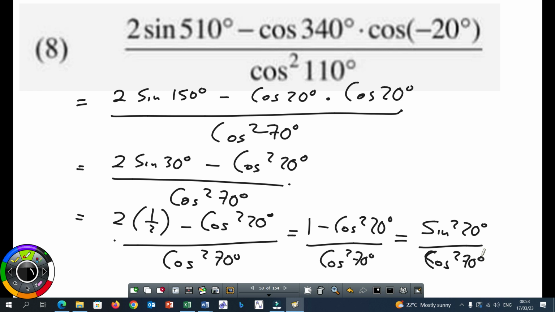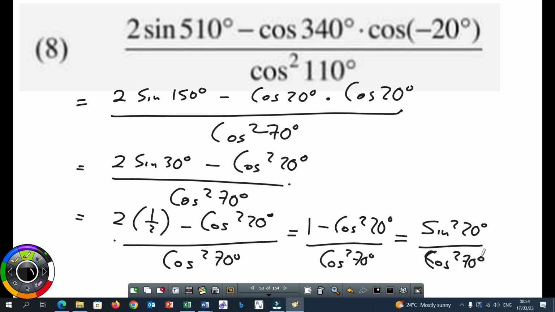Sine 30 is a half. So this sine 30 will give you a half. What is a half times 2? 1. Then you get 1 minus cos squared 20 degrees. Then you apply the fundamental identity. Convert cos to what? To sine. You get sine squared 20 degrees.